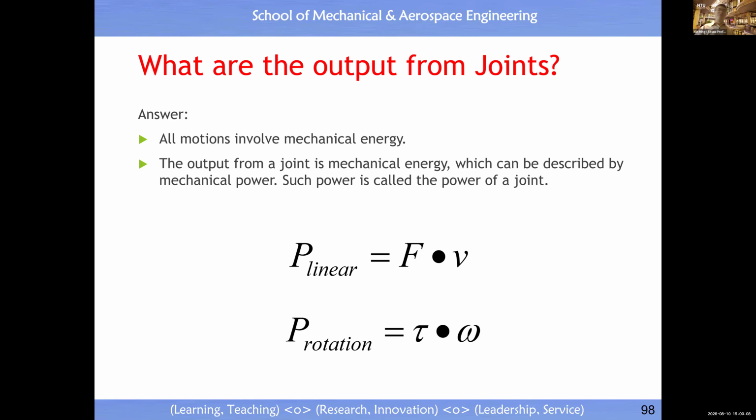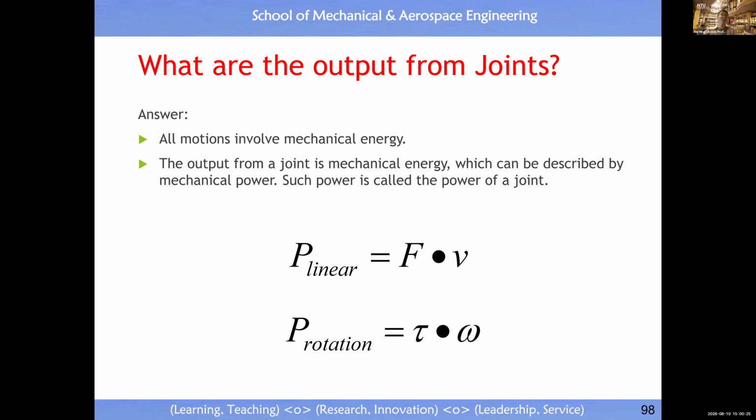A joint is a device which outputs energy. A joint is also a device which outputs motion. Okay, you can output linear motion or rotary motion. And from the mechanical point of view, a joint includes a link joint, torque joint, and power joint.